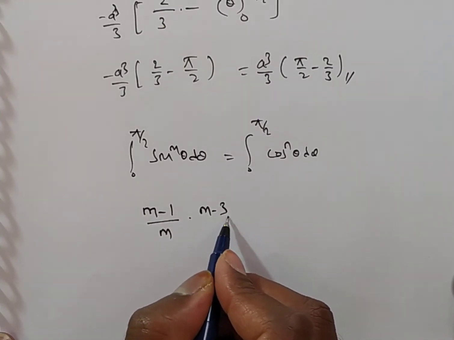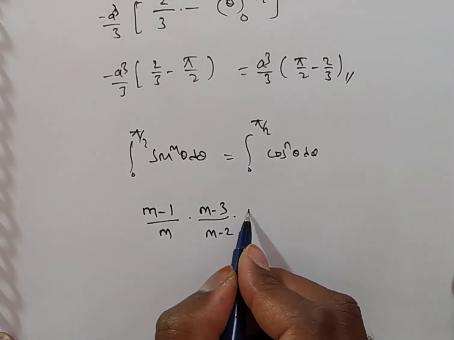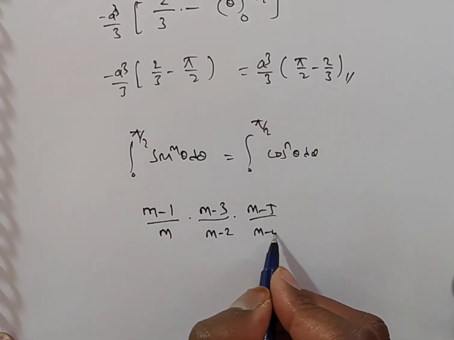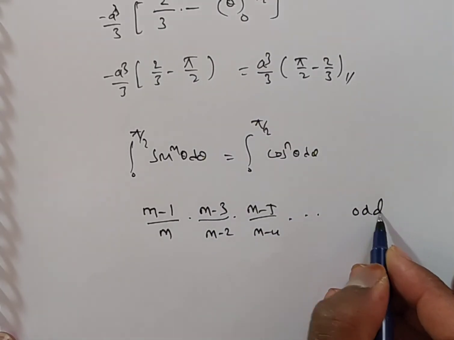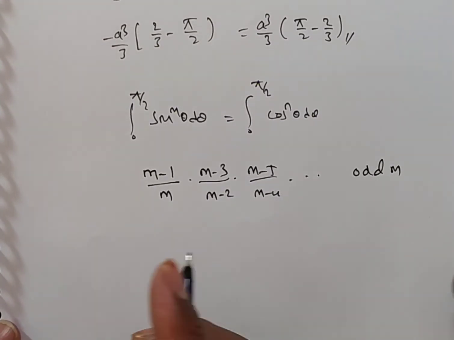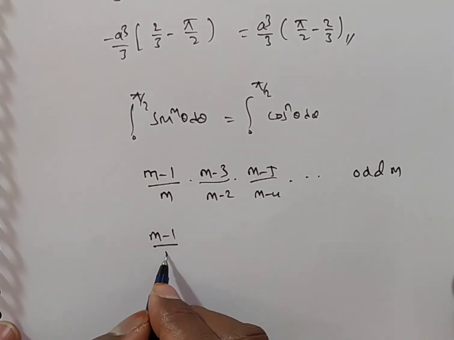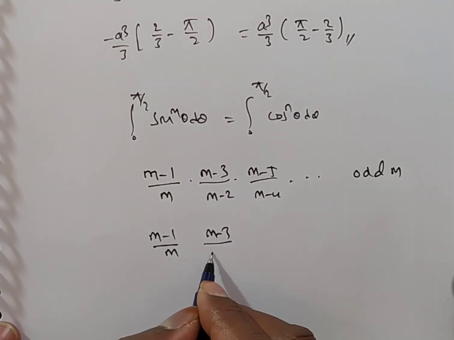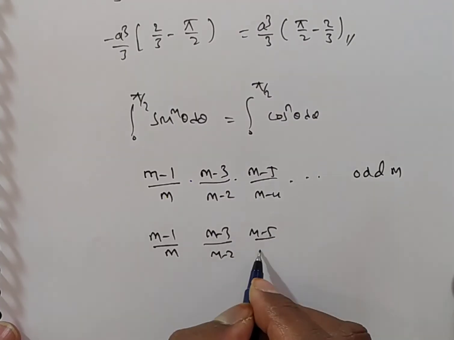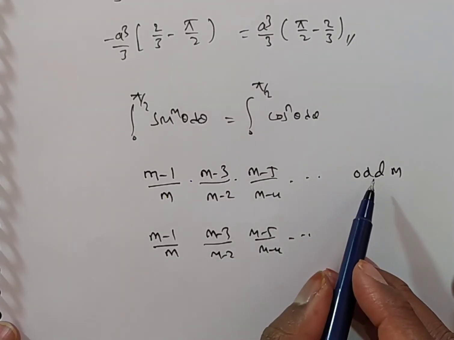Next, m minus 3 by m minus 2. Next, m minus 5 by m minus 4, and so on. Whenever m is odd, for odd m. If it is even, you consider it the even case.